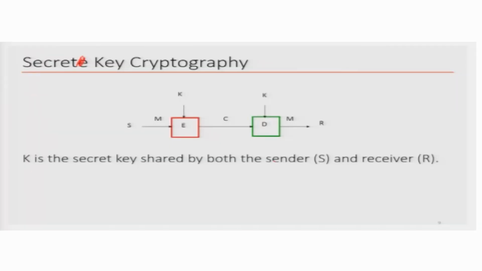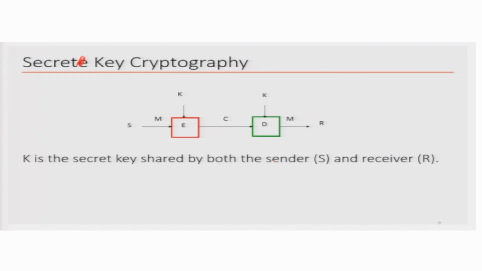And since before you share a key, you cannot encrypt the key, because if you have the key, then you can decipher it, but if you do not have the key, then there has to be a way to share it, and most of the time this has to be done out of band, which means that there has to be some other way of communicating between the sender and the receiver.